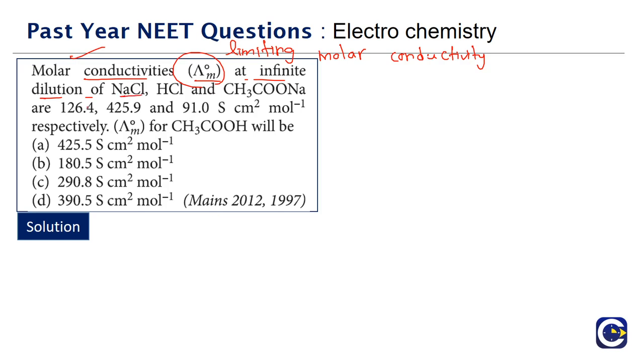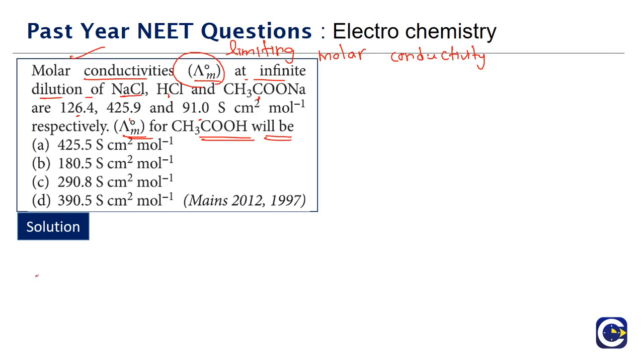For NaCl, it is given 126.4, HCl 425.9, sodium acetate 91 Siemens centimeter square per mole. The lambda m naught for acetic acid will be, so the standard model of question is like this: they give us a certain number of electrolytes, their limiting molar conductivity values will be given, and they ask us to find the limiting molar conductivity of an unknown electrolyte.